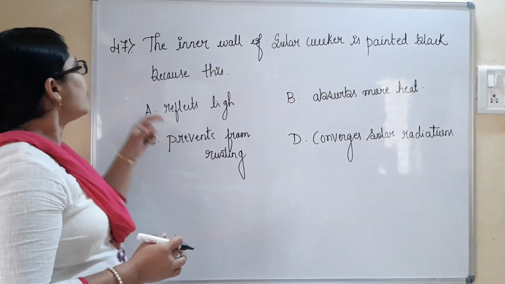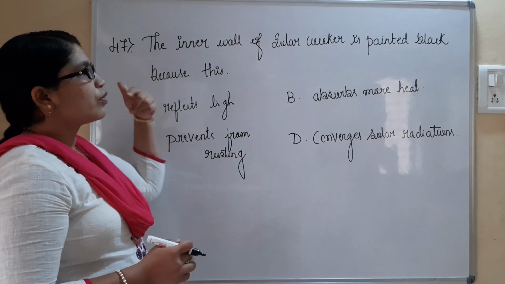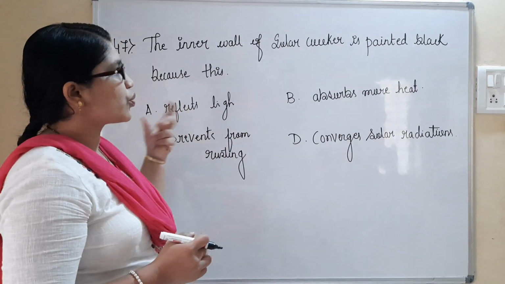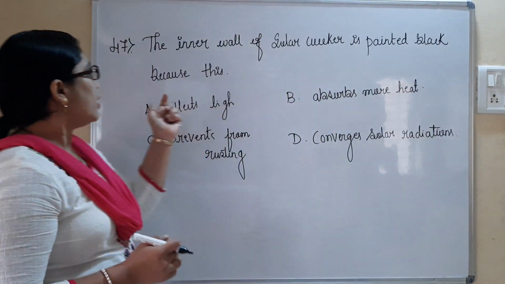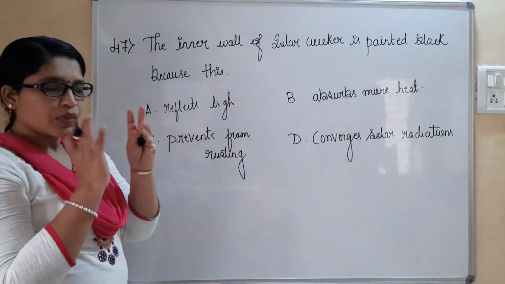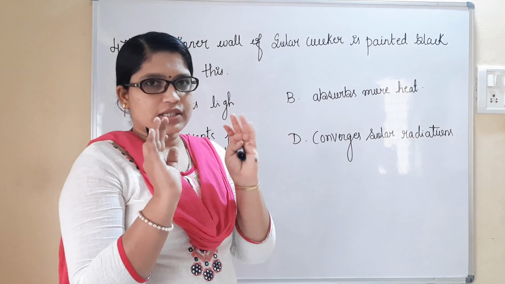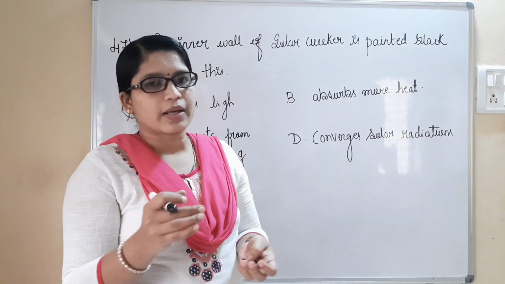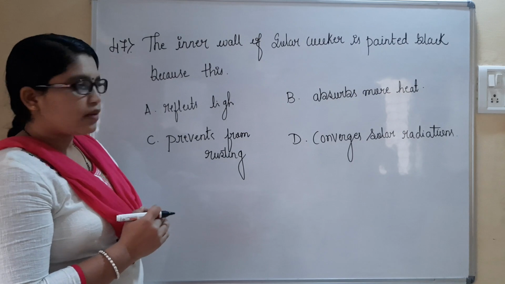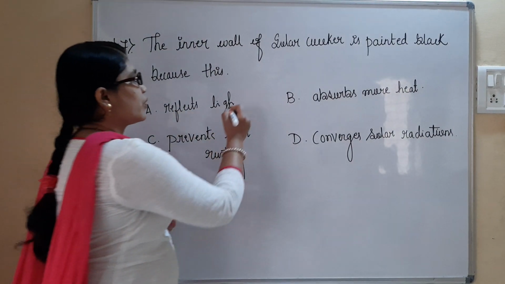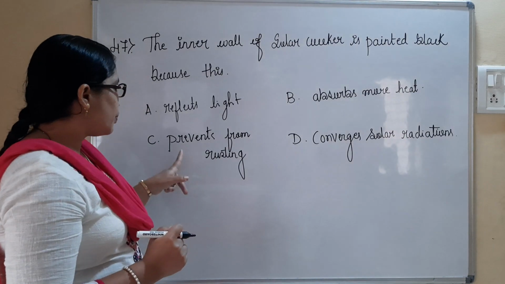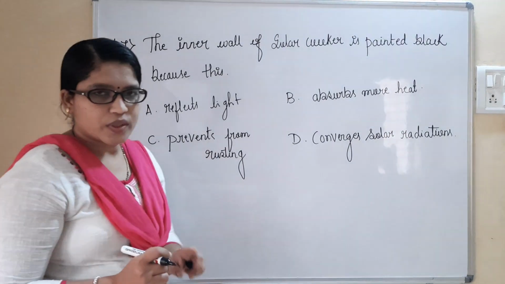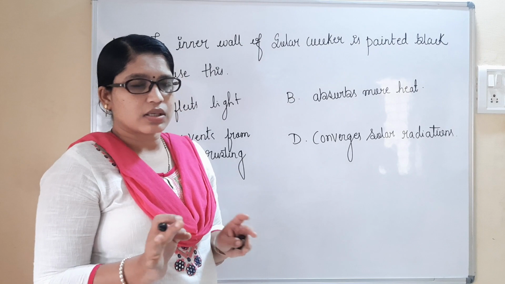Coming to the next question, the 47th one, from the sources of energy part. The inner wall of the solar cooker is painted black mainly because, if we are considering solar cookers, the inner wall will be painted black. Four options are being given here. Reflects the light: no question of reflecting the light at all because it is black color. Prevents rusting: no question, as it is painted, rusting doesn't occur.